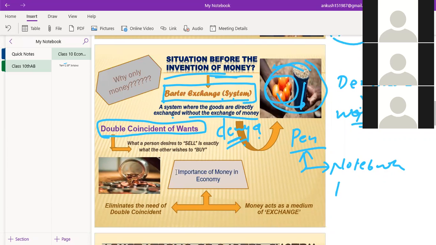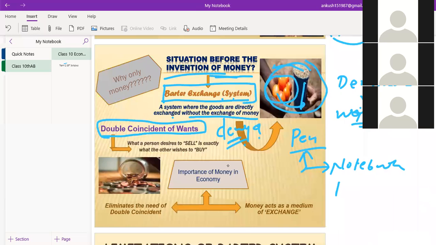Understood? And that is why money plays a very vital, crucial and significant role in our economy, as it has eliminated the need of double coincidence. Suppose I want to have something, I would directly go to the market, pay money for it and purchase the thing.